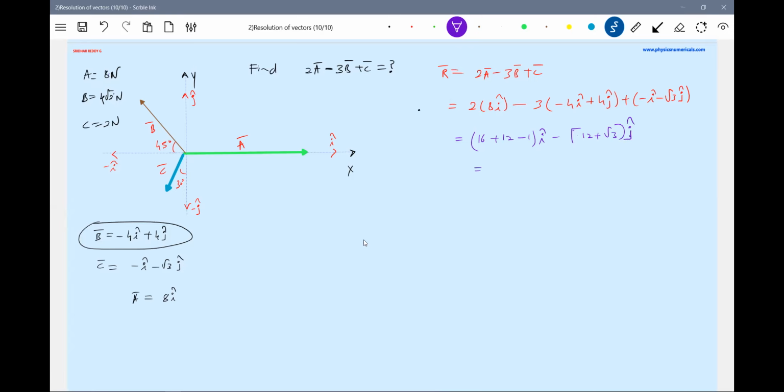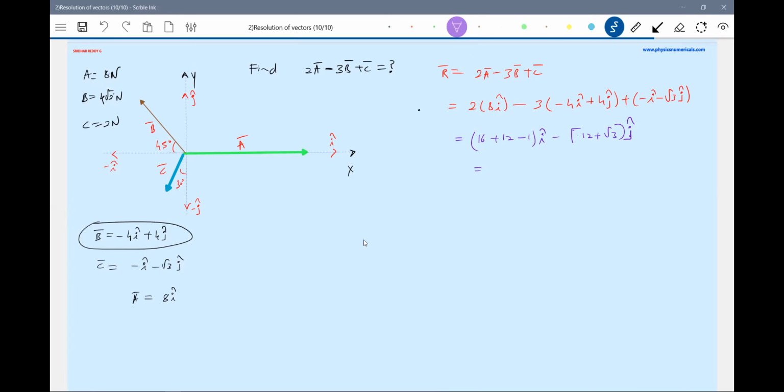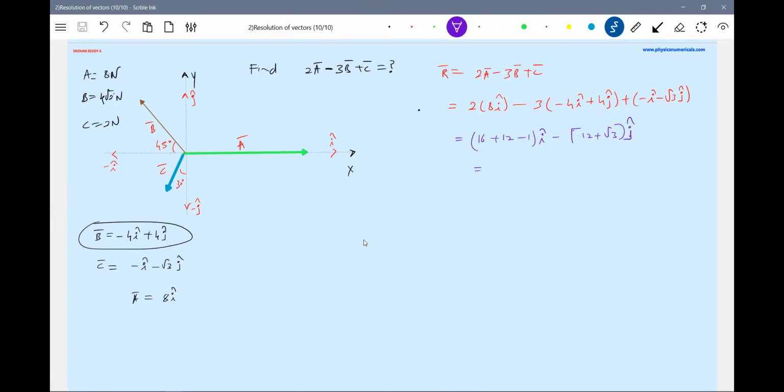So 16 plus 12, 27 i cap. This will be the value: 27 i cap minus 13.7 j cap. This is the overall resultant.